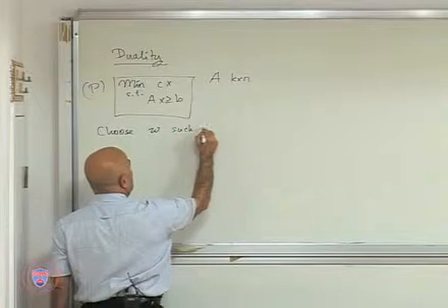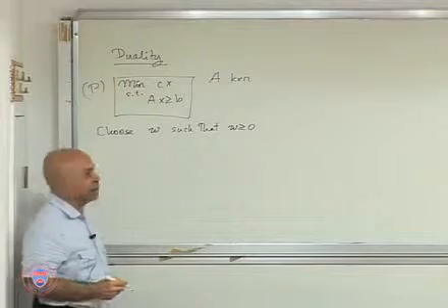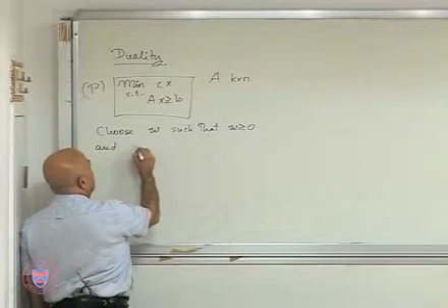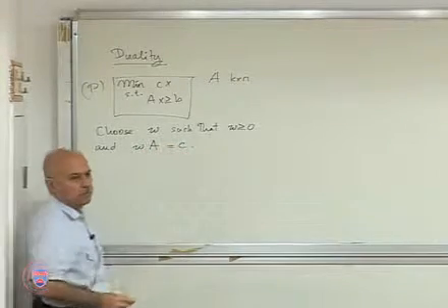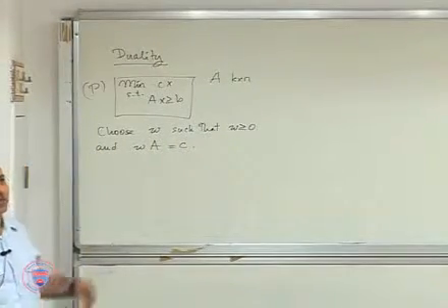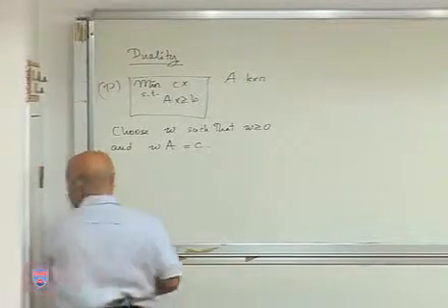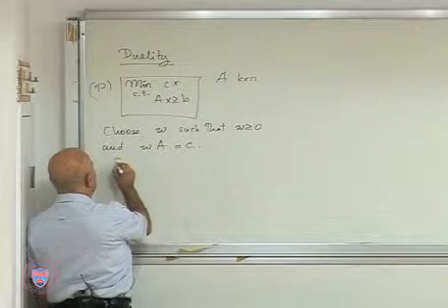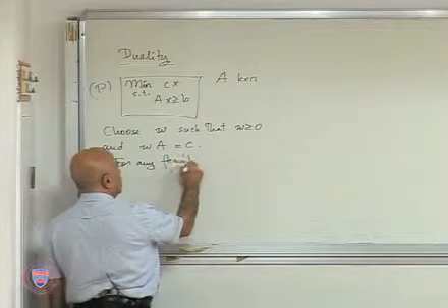Such that W has non-negative components and W times A gives you C. This is how you choose your W. Of course, assuming that you are able to do so.